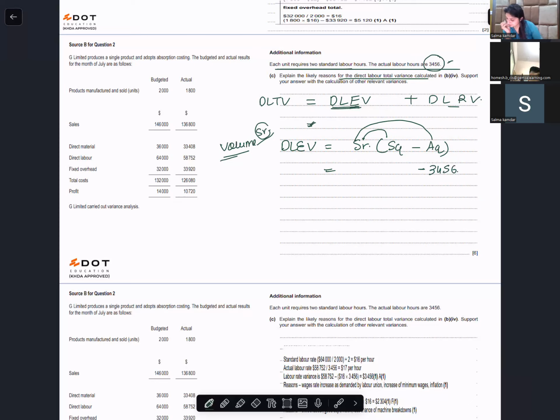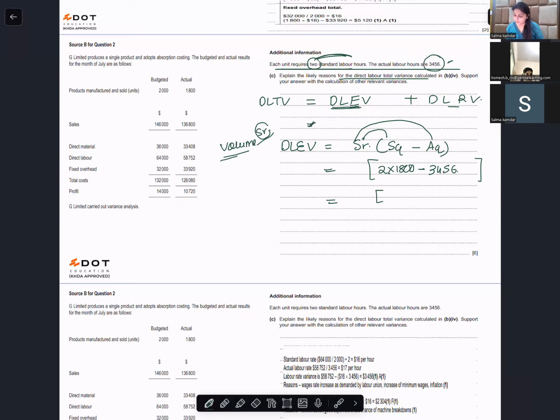2 per unit. So it will be multiplied, 4,000. Sorry, how 4,000? 2 per unit and our budgeted are 2,000.